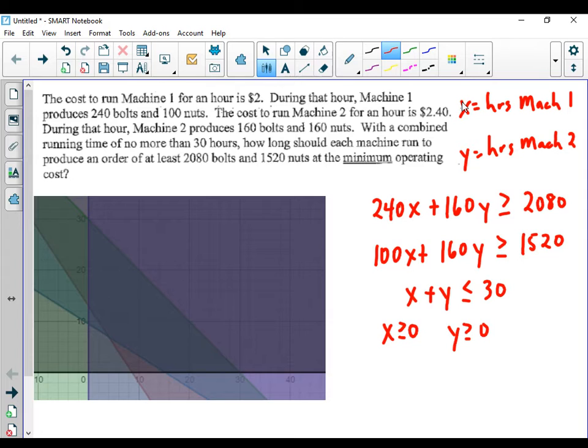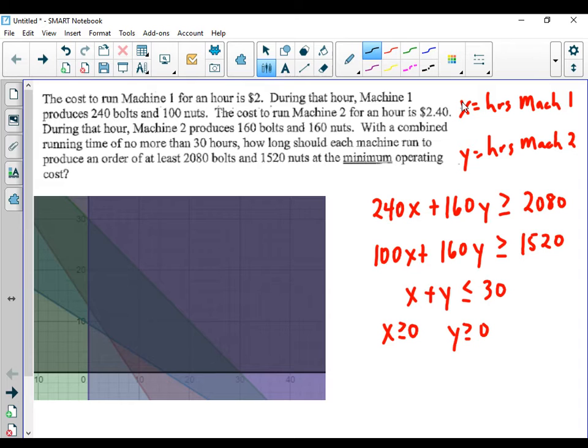All right, so if we try to graph these things, and again, I've already put the graph on here, but since we're in the first quadrant, I would suggest looking at X and Y intercepts, seeing where they're at and using that to help us out. If I look at 240X plus 160Y greater than or equal to 2080, I'm going to have that graph that has a y-intercept of 13.